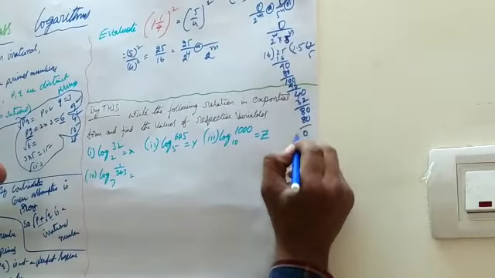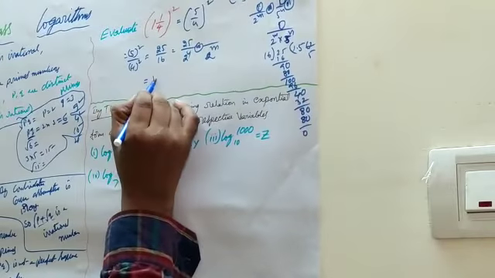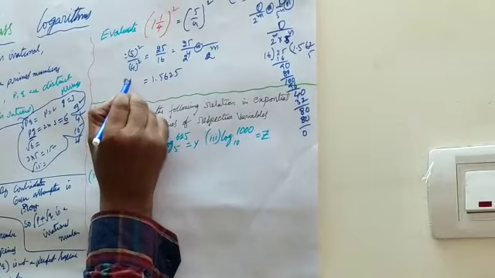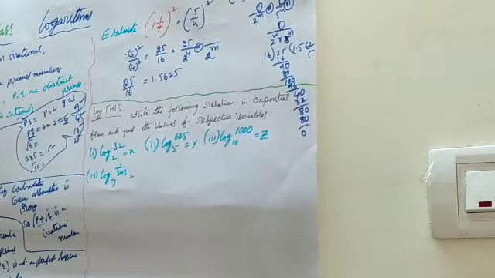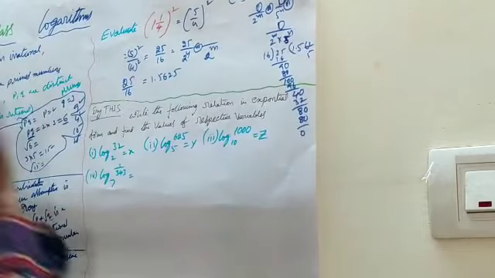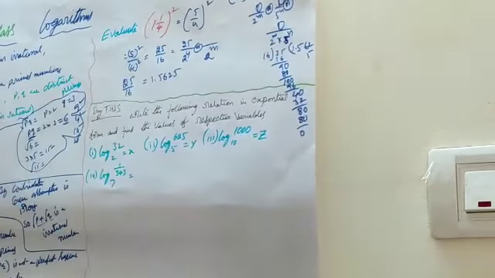What is the remainder? Therefore, what is C? This is 1.5625. That is 25 divided by 16, which in decimal form is 1.5625.